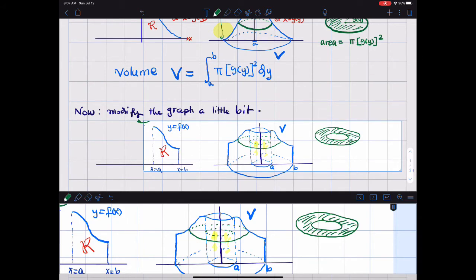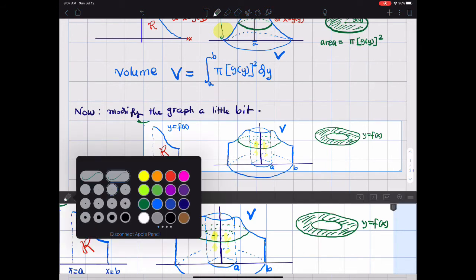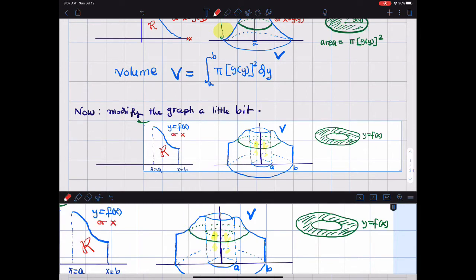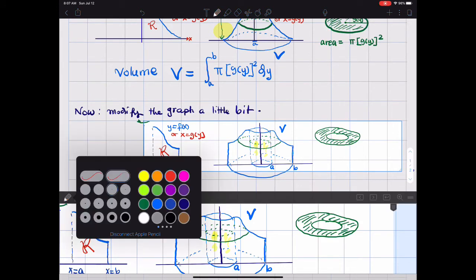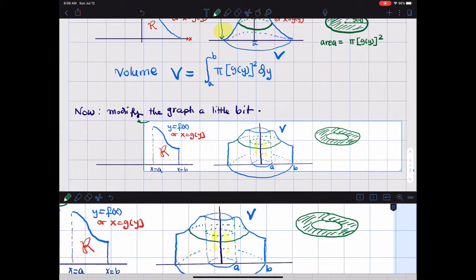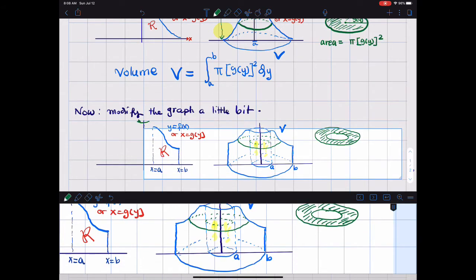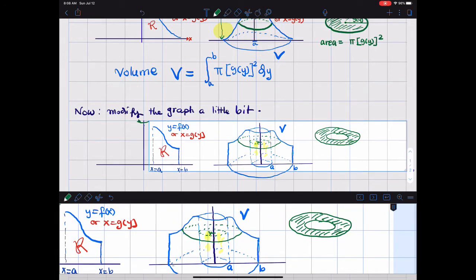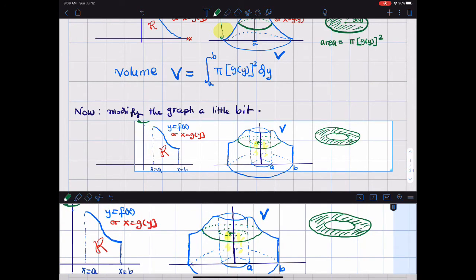The outer radius is y equals f of x, or x is equal to g of y. If we take it at a point y, the outer radius is going to be this function right here.